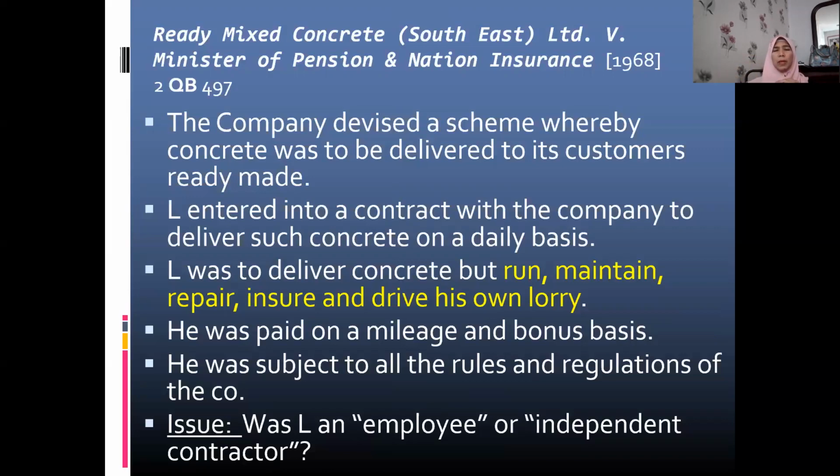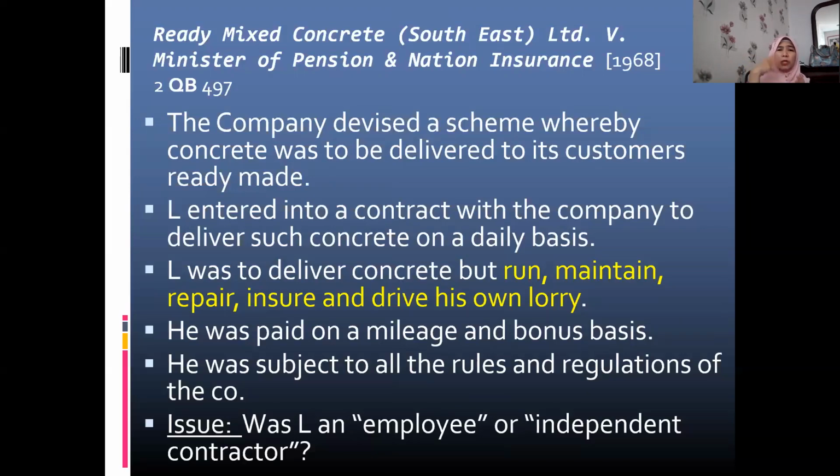And then how was the payment made? He was paid on a mileage and bonus basis. So it depends on the mileage, the distance of his travel in order to deliver the concrete. But still he was subject to all the rules and regulations of the company.